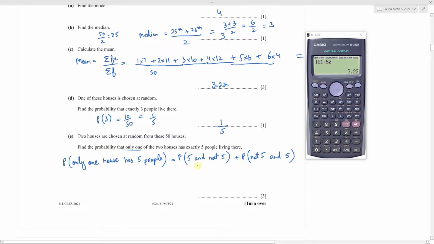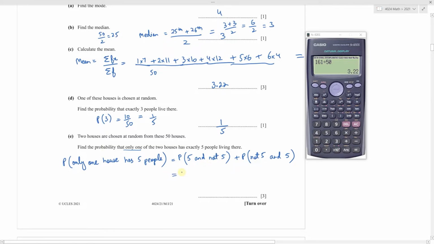So those are the two combinations through which you will get exactly one house. One combination is the first one has 5 and the second one has not 5 people. The other combination is the first one does not have 5 people, but the second one that you choose has 5 people. So both of these will give you only one house that has exactly 5 people.